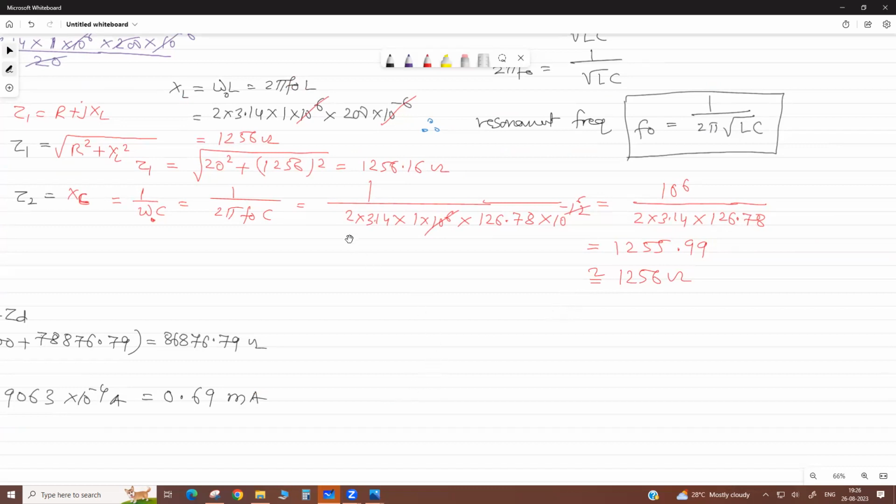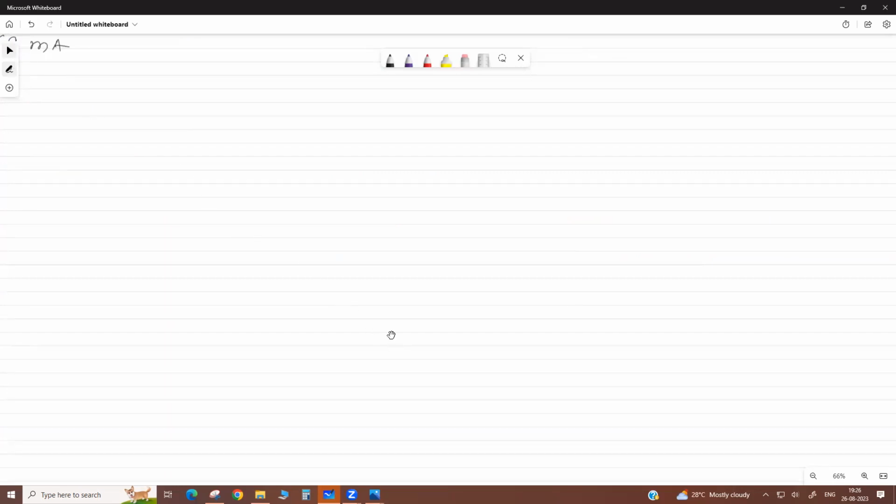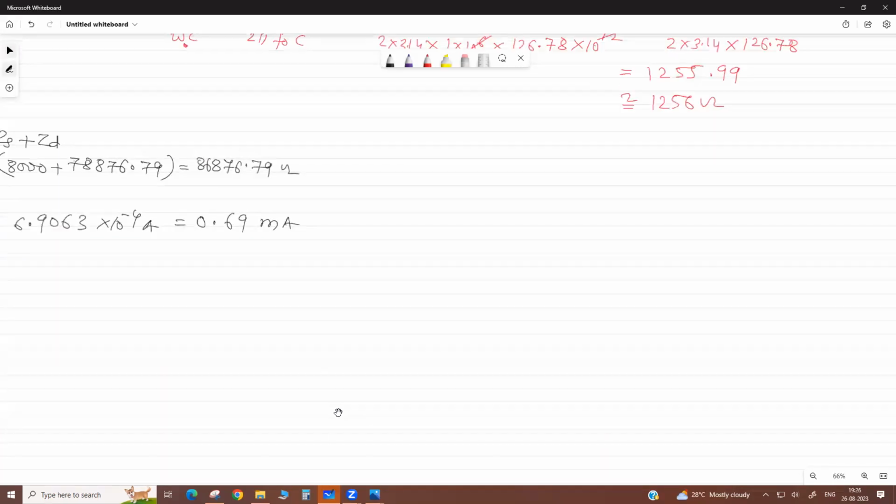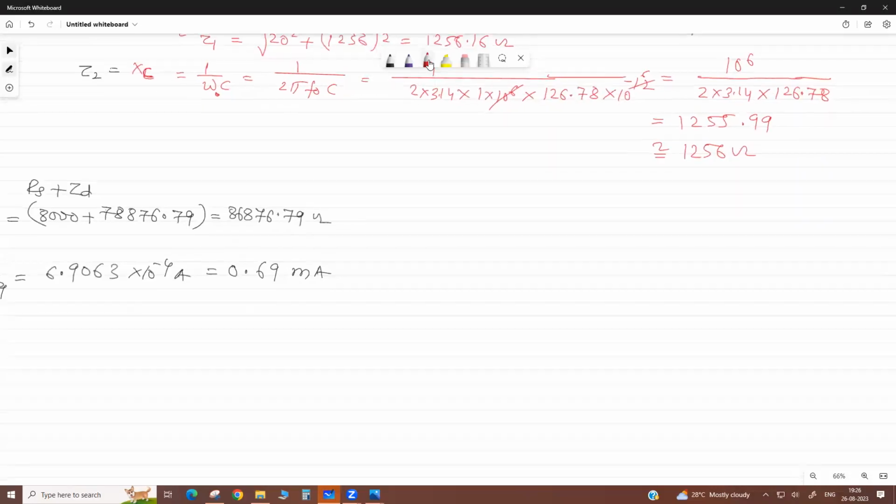Now you apply the current division. Now I will show you the current division. Suppose there are two resistances R1 and R2, or impedances Z1, Z2, whatever it is. Suppose this is the total current here. This is R1 and this is R2.